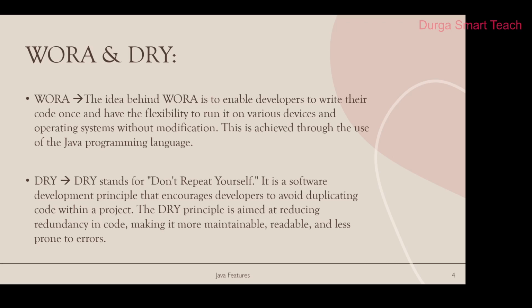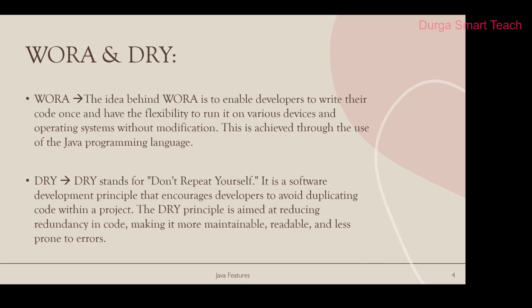The next one is WORA and DRY. WORA is nothing but write once, run anywhere. Unlike C and C++, where if you write a program on one system, you can execute that program on that system only. But here, if we write a Java program, whatever we write is known as the source program.